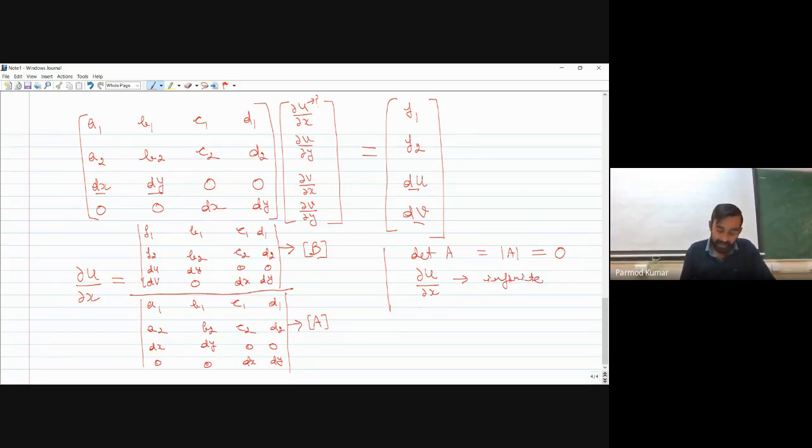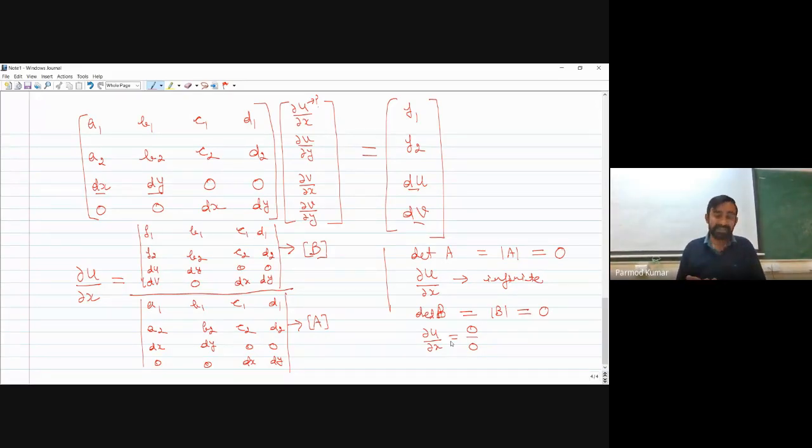Similarly, if the determinant of matrix B is also equal to 0, in that case we will get del u by del x equal to 0 by 0, and this is nothing but indeterminate. So mathematically, we may have an arrangement of these coefficients in such a fashion that we get the value of del u by del x either infinite, or even indeterminate, which we are not able to determine.